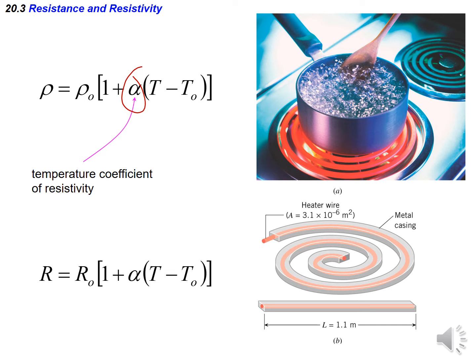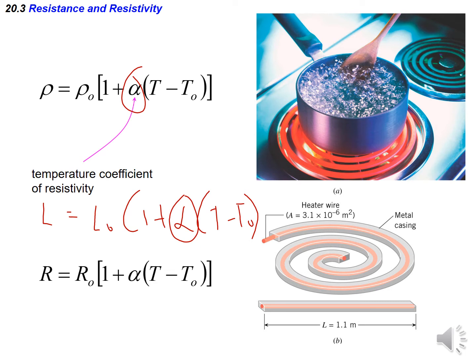So if you still remember, in our linear expansion of metal, we have this formula: L0 times (1 plus alpha), and then multiplied by T minus T naught. So this problem is about the linear expansion of metal, in which the alpha here is called the coefficient of linear expansion.